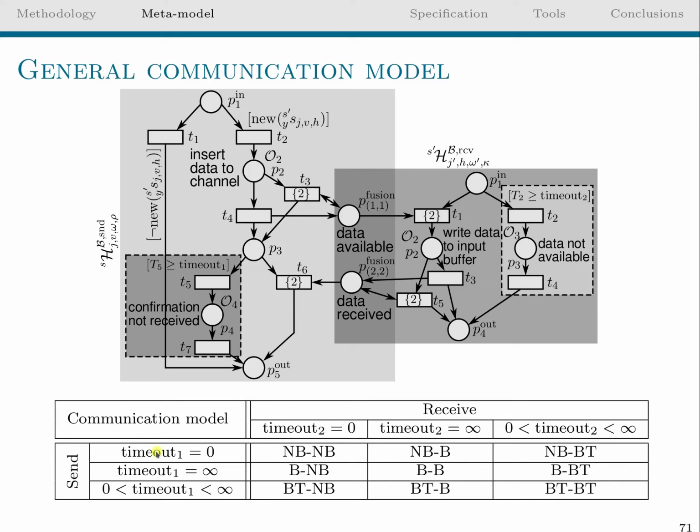communication models. Whenever timeout1 equals 0 and timeout2 equals 0, it means that whenever our subsystem finishes calculating data, so we have new data, we want to send data, so we activate this or this transition function.